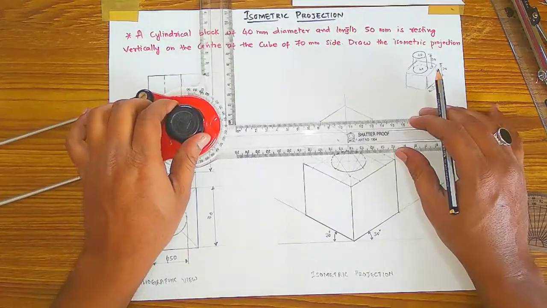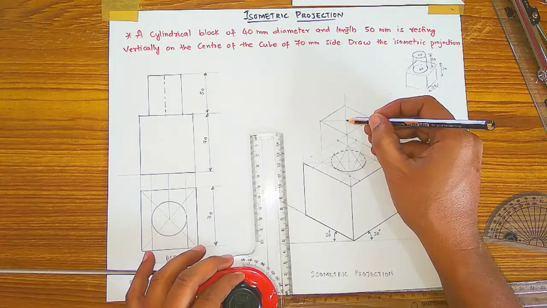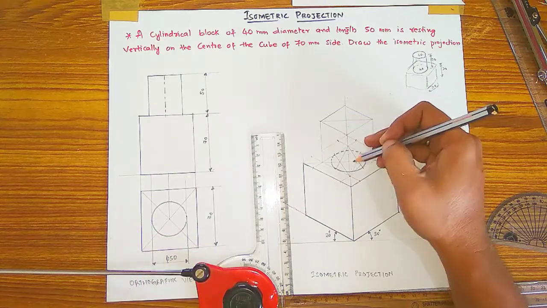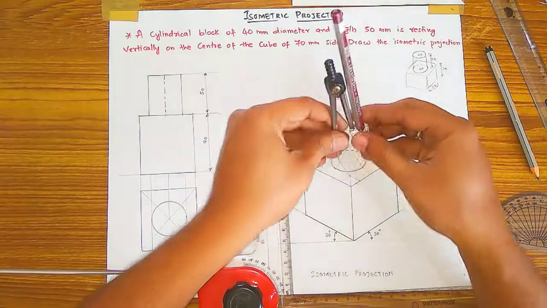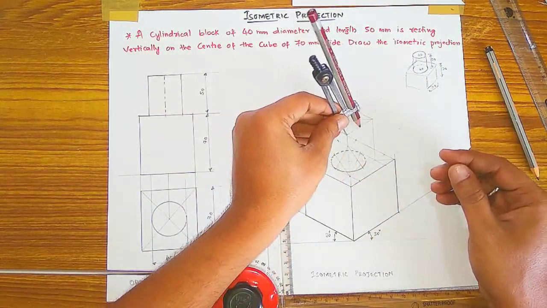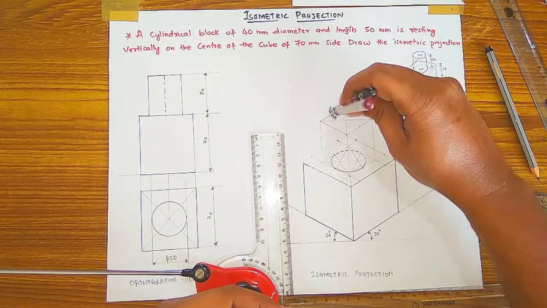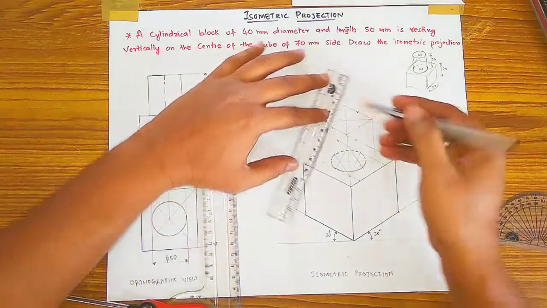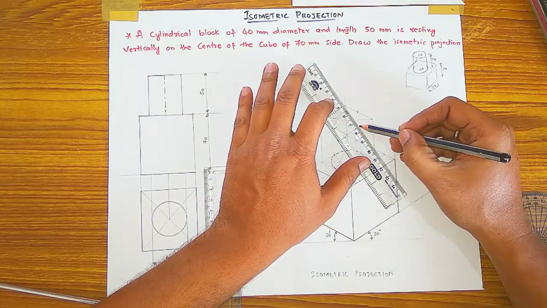Okay, then remove the center point of this rhombus. Then after you will get the center point. Now the same process we have done for this circle, the 4 center method, same process you have to do to draw this top section of the cylinder. So half of this distance you have to take on each line of the rhombus. Then same process. From this end you have to draw the lines to these lines, like this.